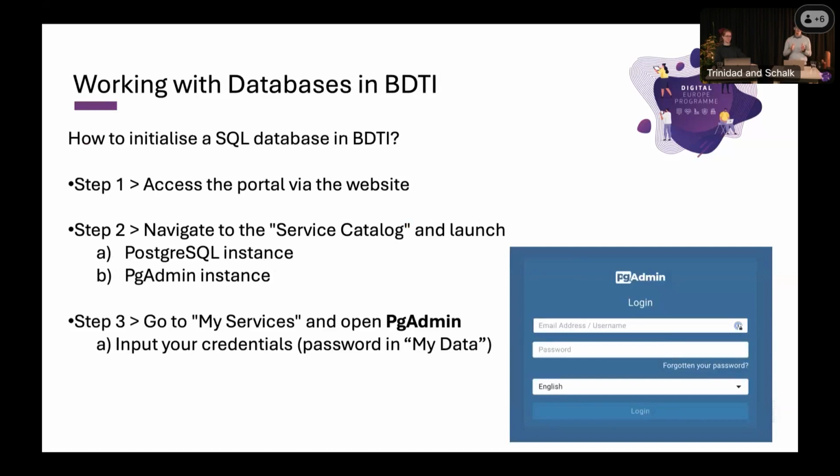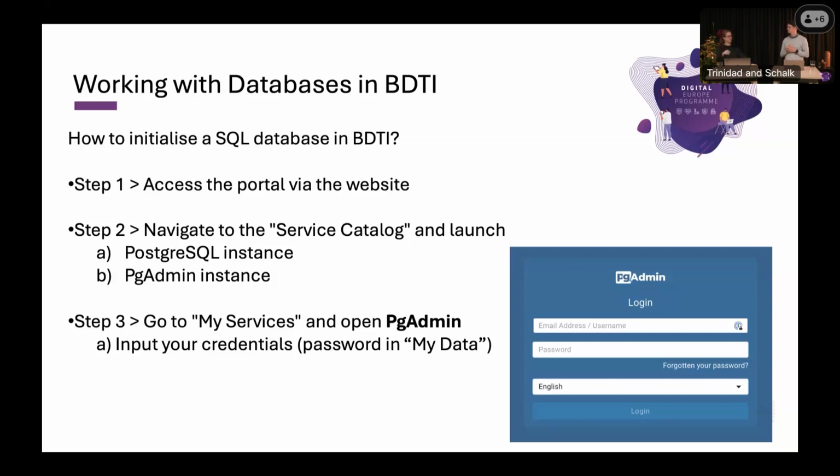So first things first, if you want to work with the database within the BDTI framework, how does that work? Well, same as with any other tool. We go inside of the BDTI portal, we put our credentials, then we navigate to My Catalog, and we launch the instances. For the matter of time today, we're going to keep all the information in the slides, and also in the GitLab repository.